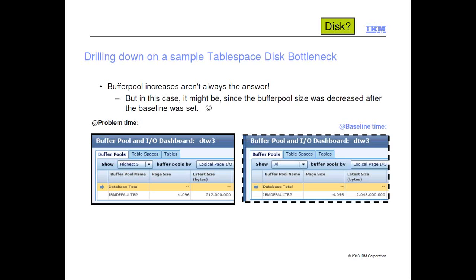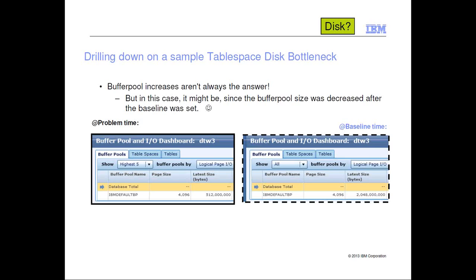Now, when we go back to the buffer pool tab of the dashboard, we notice that for one of the buffer pools, which is the IBM default BP in this particular case, the size of the buffer pool seems to have changed quite a bit from the baseline time.